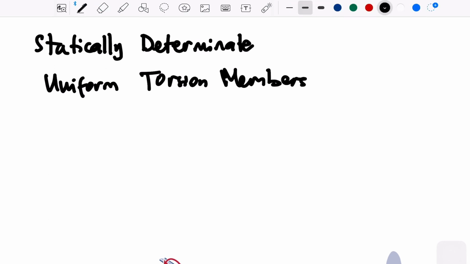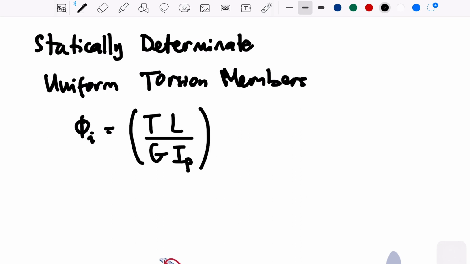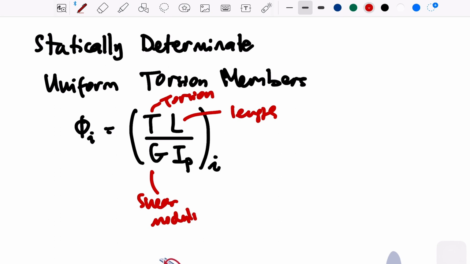Remember that we start with the twist angle for some members is equal to TL over GI. So this is the angle, or we could say the twisting angle. Remember, T is for torsion, L is for length, G is the modulus, and I is the inertia.